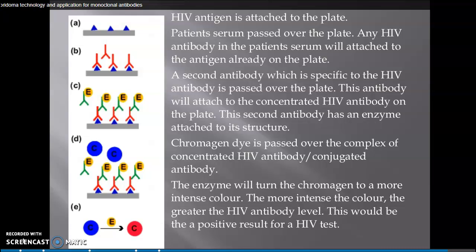Again, a second antibody is passed over the plate, and this antibody is attached to an enzyme. This second antibody with an enzyme will also be clubbed with a chromogen dye.